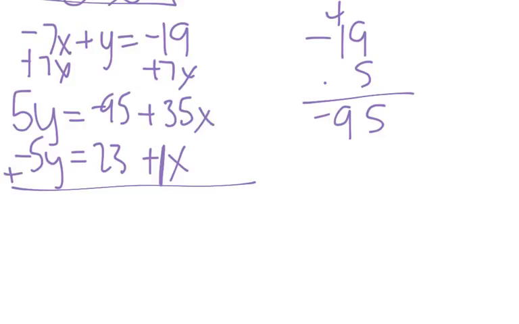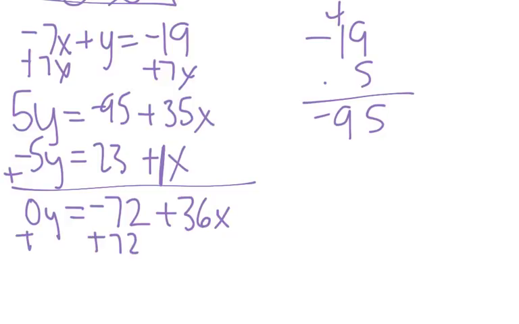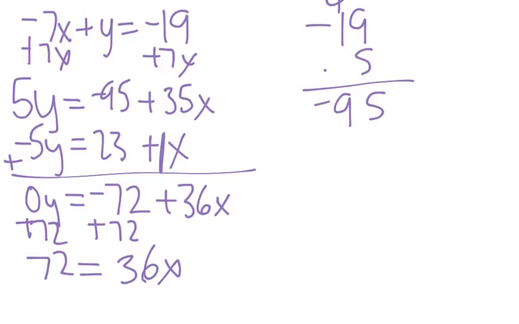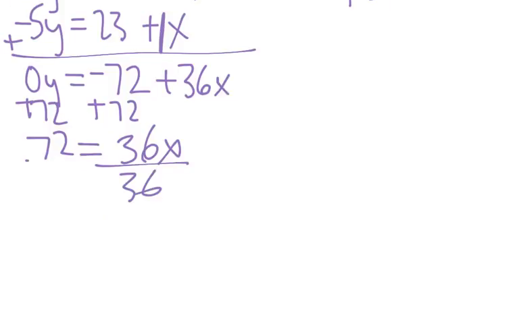Now we can add them, because that would be 0y equals negative 95 plus 23 would be negative 72. 35 plus 1 would be 36x. Add 72 to that 0. Apparently I've been doing too many problems here because I'm making stupid mistakes. So I get 2 equals x.